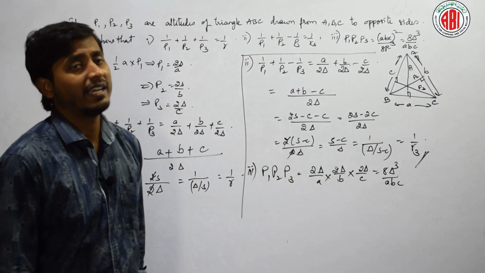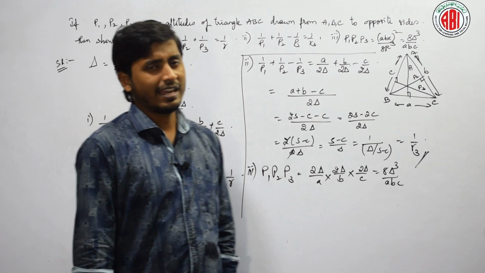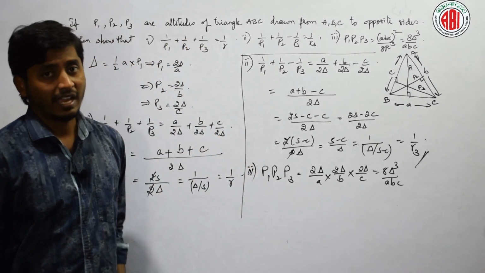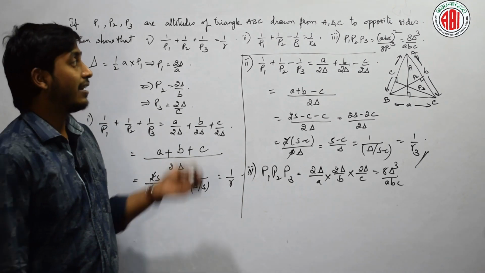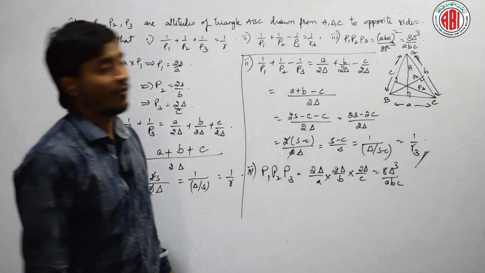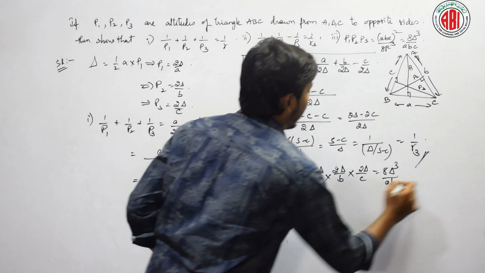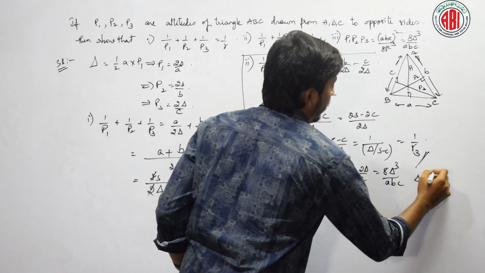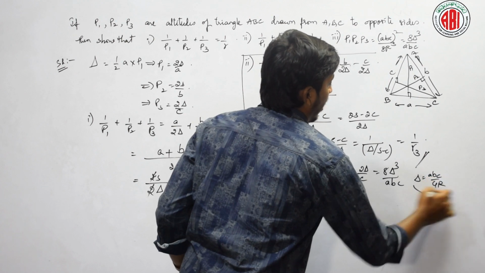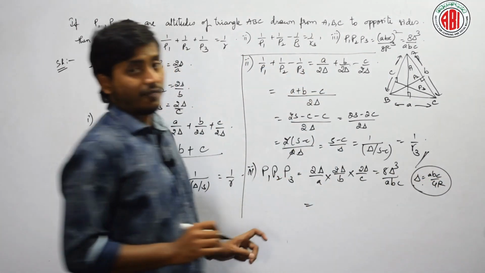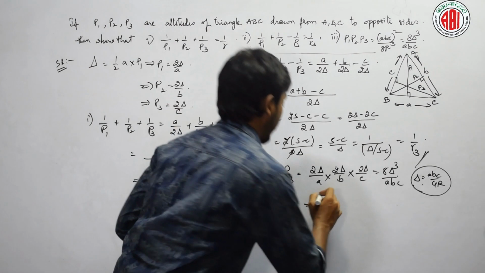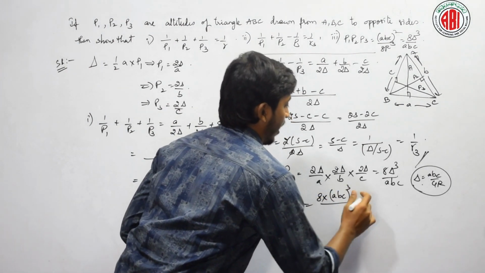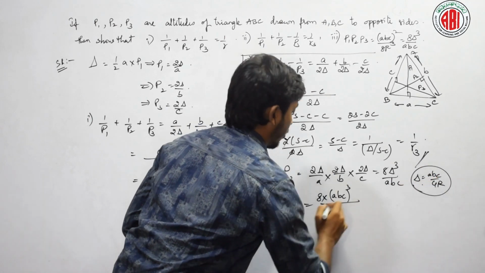What is the formula of delta and R? Is there any relationship between delta, R and ABC? We have, right? What is it? Delta is equal to ABC by 4R. Let us use that formula here, that is 8 into ABC whole cube by 4 cube into R cube.